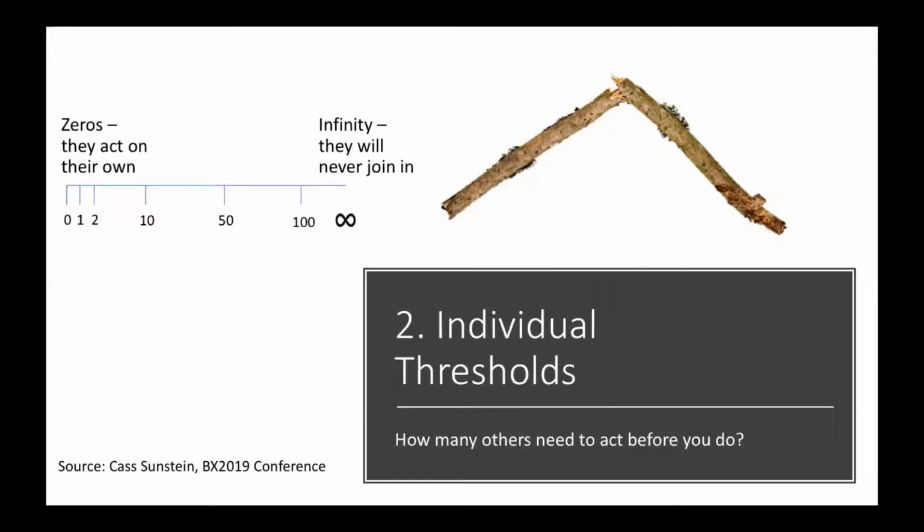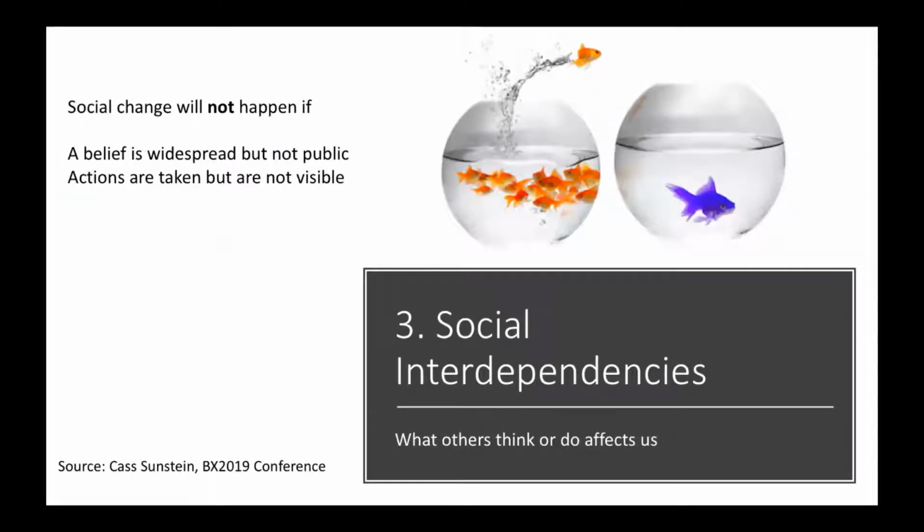Now, in that situation that I described, there was no preference falsification. I mean, everyone knew what the right thing to do was. It was all about the individual threshold, who will step up. But the combination of the two, and most importantly, the third factor, social interdependencies, decides on whether something will become a movement or not. So if people don't know that a belief is widespread, they won't join in.